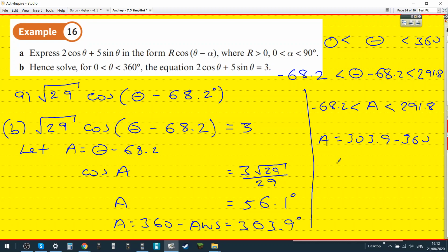Yeah, makes sense because cos is symmetrical about the line x equals 0, the y-axis. Okay, what's next? Do I need to do theta minus 68.2 equals these answers and then solve for theta? Yes.